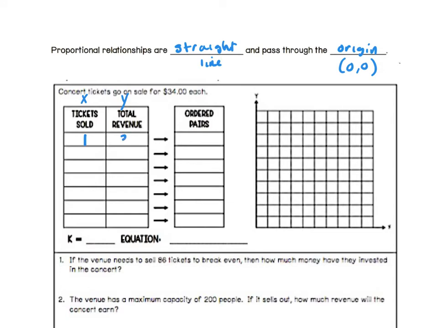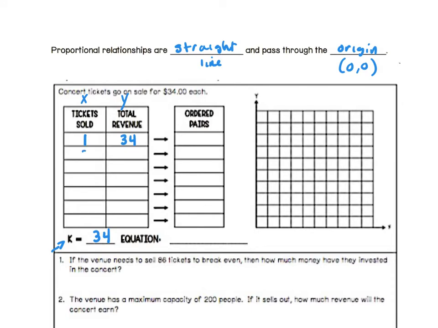So that would be $34. So now that's all they've given me. And from this, I already know the unit rate, otherwise known as the K value, because they said 34 for one. So this is already a proportional table. $34 for one ticket. That's all the information they gave us.